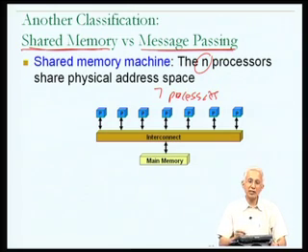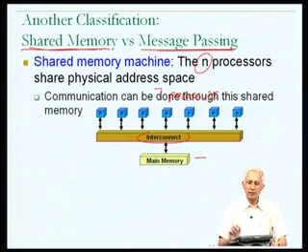But they share a physical address space, and therefore I show only one main memory constituting the physical memory which is used by all the 7 processors. And of course there must be a mechanism through which they are connected to each other, which I represent by an interconnect box. So this is one way to view a shared memory machine. The idea being that there are multiple processors, more than one, and they all have a shared physical address space, which I represent in this diagram by the fact that there is a single main memory.